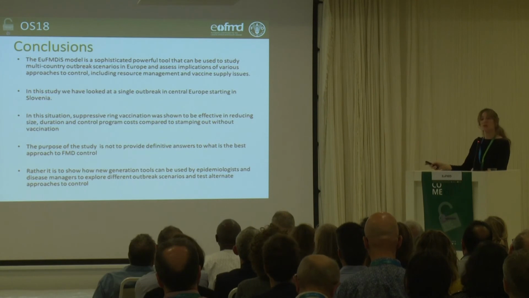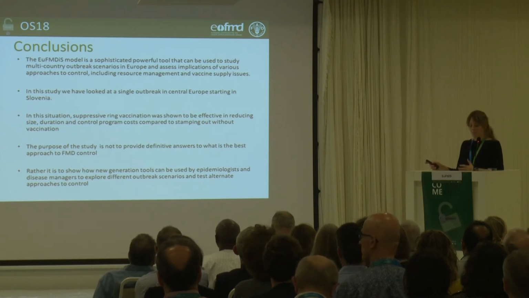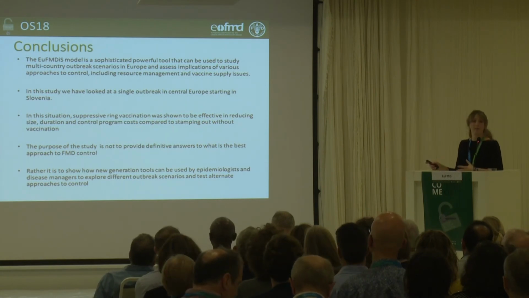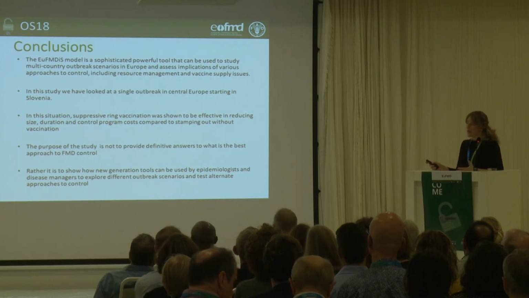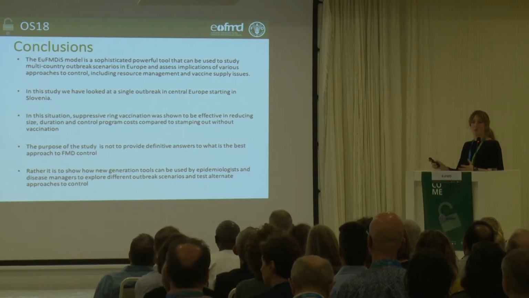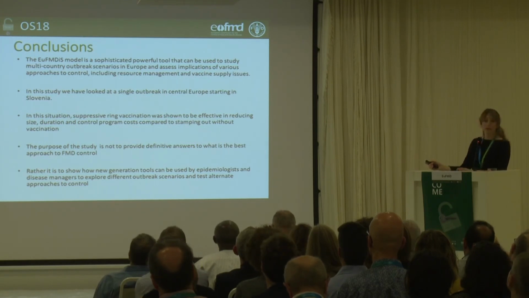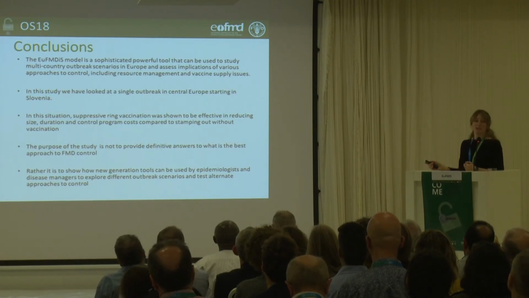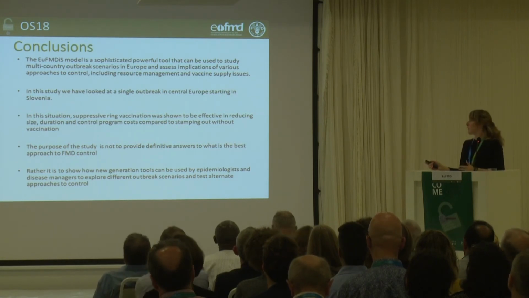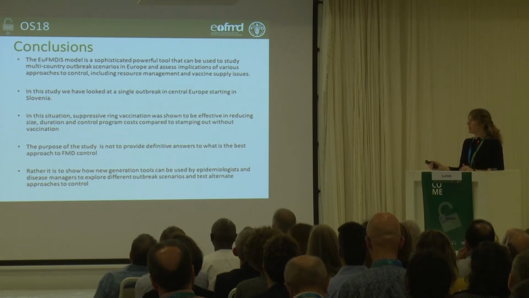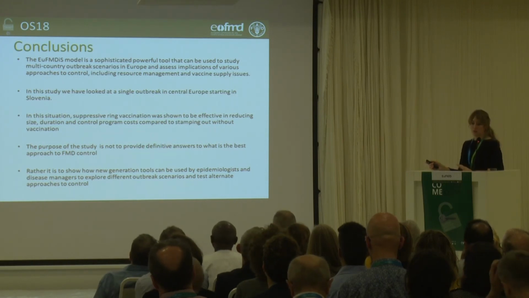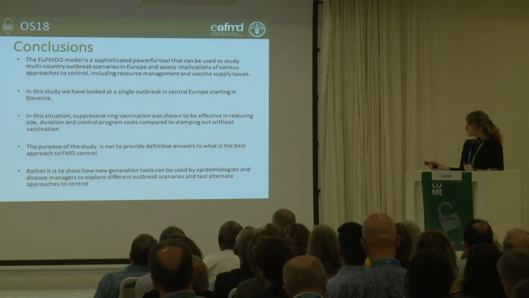But if we wanted to understand better the different vaccine requirements, we would need to run more scenarios and to compare more strategies. In this situation, suppressive ring vaccination was shown to be effective in reducing size, duration, and program costs compared with the strategy of not using vaccination, only stamping out.